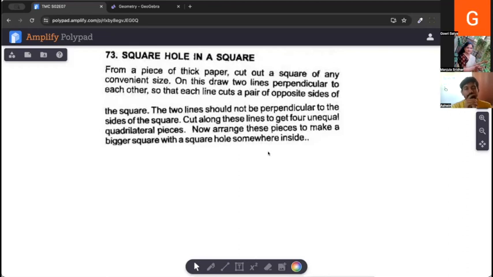Now cut along this, you will get 4 pieces, and you can use that like a jigsaw puzzle and of course reassemble the square, but along with that you can arrange it to make a bigger square with a square hole. So no matter where you choose this point and make those cuts, this is always possible.